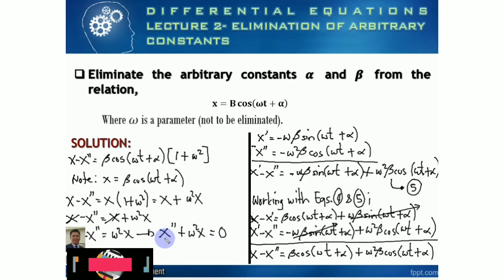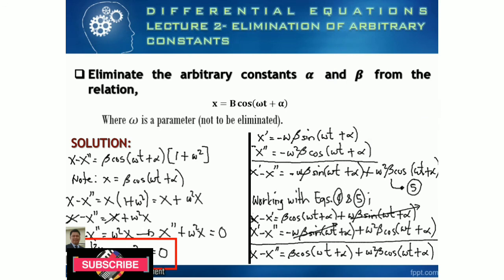Our second derivative of x with respect to t plus omega squared x is equal to 0. So therefore we can say that this is now the solution to our problem.